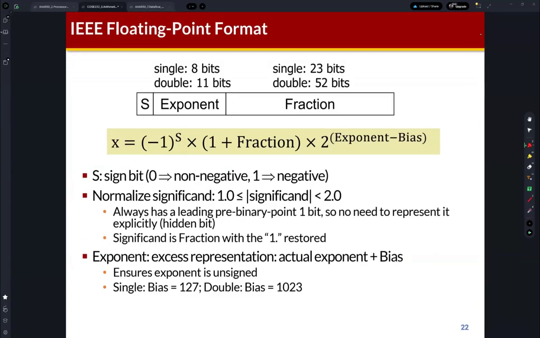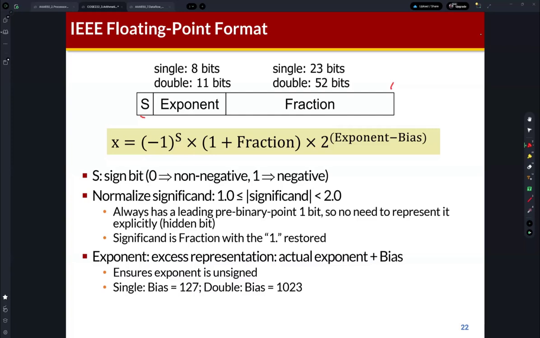Okay, let's see how we can represent a floating point number. As I mentioned, we require a sign bit, the fraction part and the exponent part. So we just allocate these in the 32-bit format or 64-bit format.